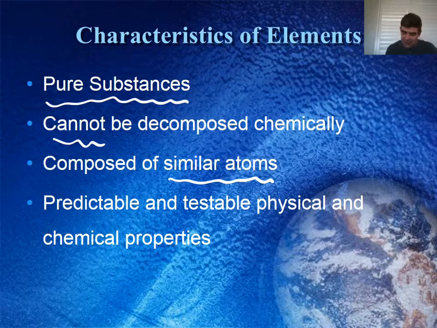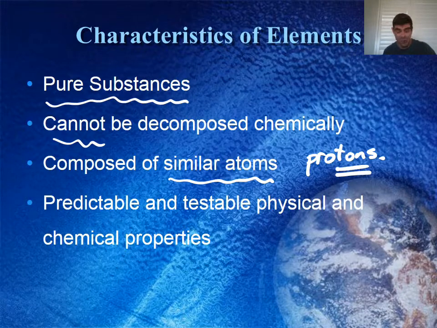But nevertheless, the number of protons in the nucleus determines which element we're talking about. So the protons are the determining factor as to which element we're actually looking at. And elements too have fairly predictable and testable physical and chemical properties. We're going to look at a few of these in the next few lessons.